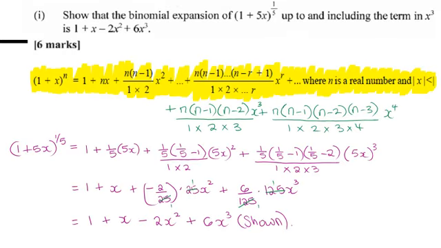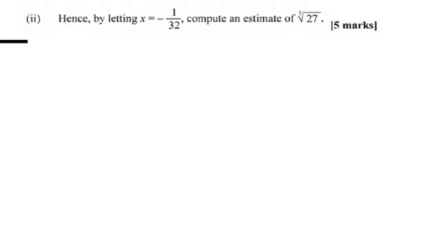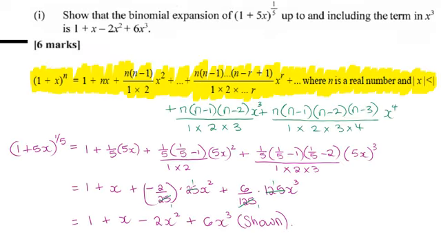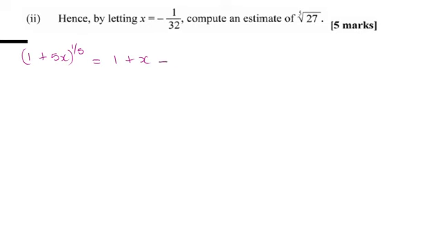So what we've just shown is that (1 plus 5x) to the 1/5 is equal to 1 plus x minus 2x squared plus 6x cubed.